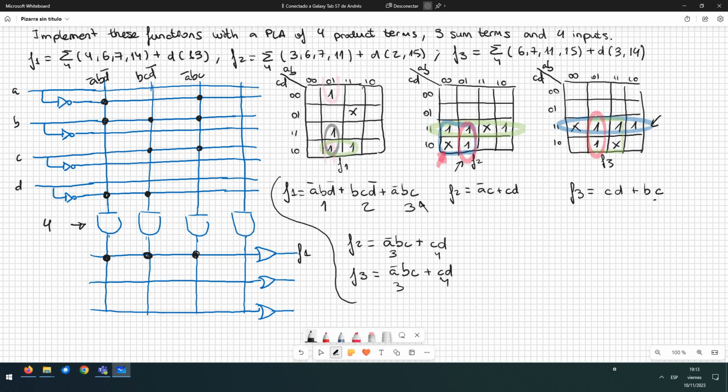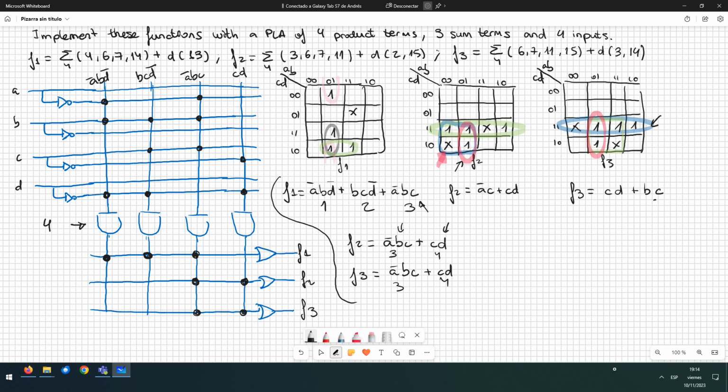The first product term of F2 is already implemented in the PLA. We are going to implement the second, CD. CD is just marking these cells. So F2 is A negated BC plus CD, and F3 is exactly the same, A negated BC plus CD.